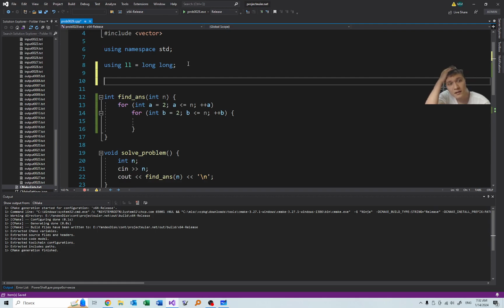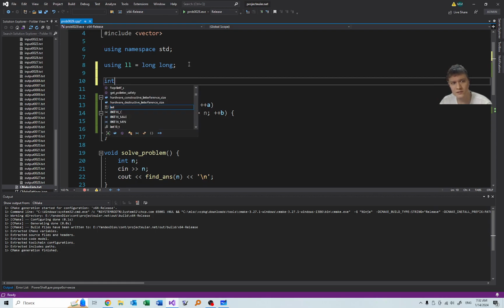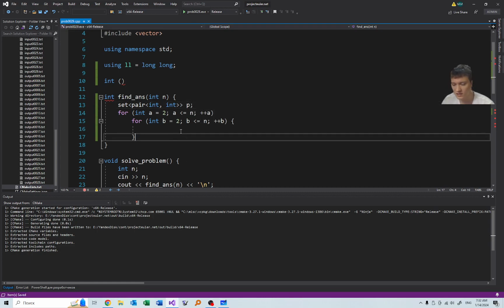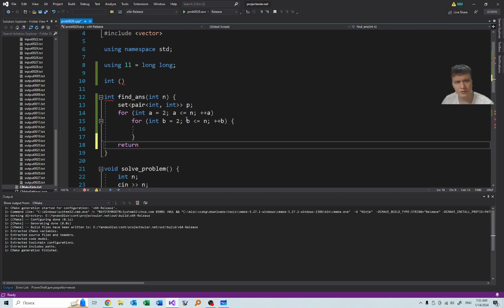So the simplest thing would be to calculate it modular. Okay, let's use two different moduli. So we have like set of pair of int and int. And in the end we return S dot size.